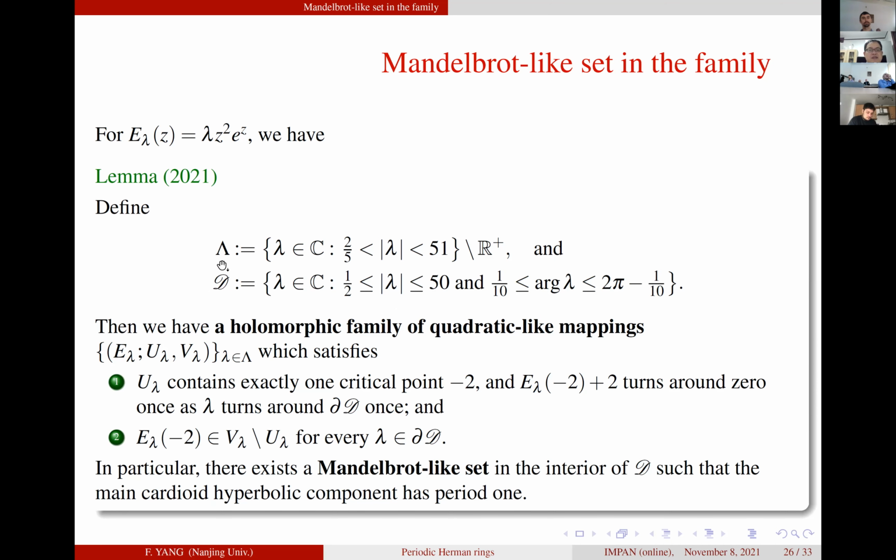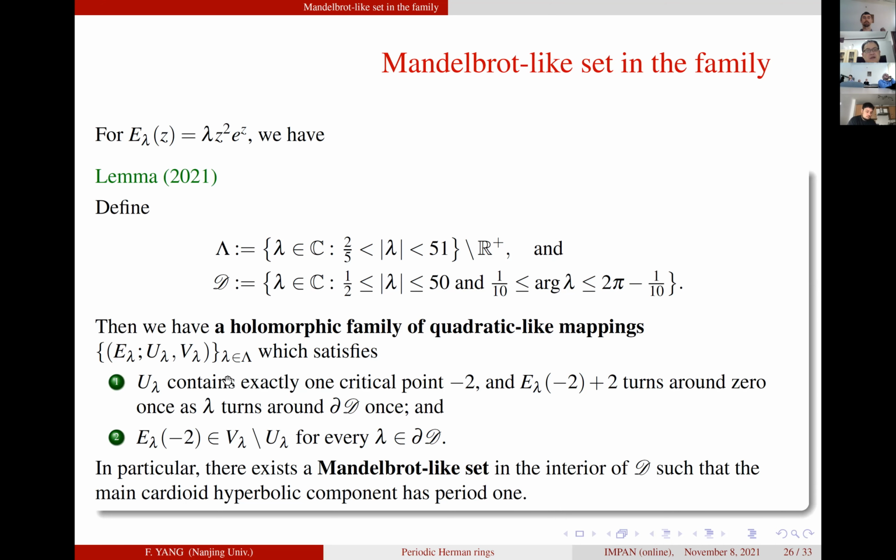If we choose Lambda and D like this, then we can obtain a holomorphic family of quadratic-like mappings. It satisfies these two conditions, and then we can obtain a Mandelbrot-like set in the interior of D, such that the Herman components have period 1. So to prove this lemma, the key point is to verify these two conditions.